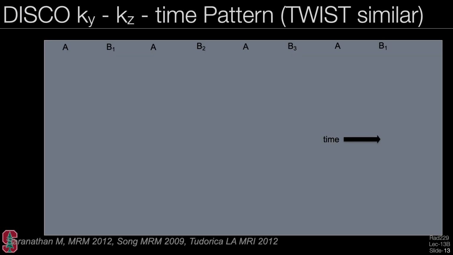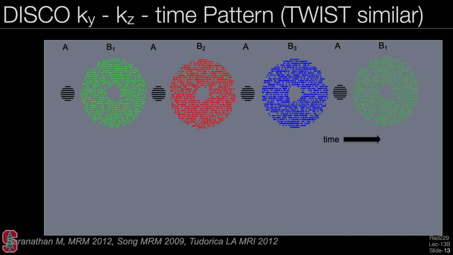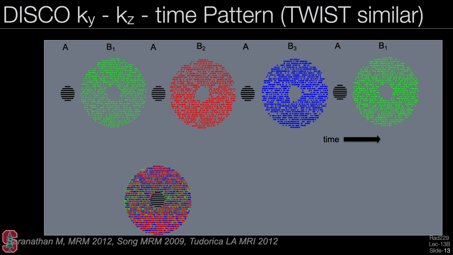So let's look at another approach. This is the DISCO or TWIST approach. Here, it has an A region, and then it has divided the outer k-space into B1, B2, and B3. So over time, we acquire the center, and then we've randomly divided samples into these B regions. For a specific time frame, we view share over these 3 B regions.